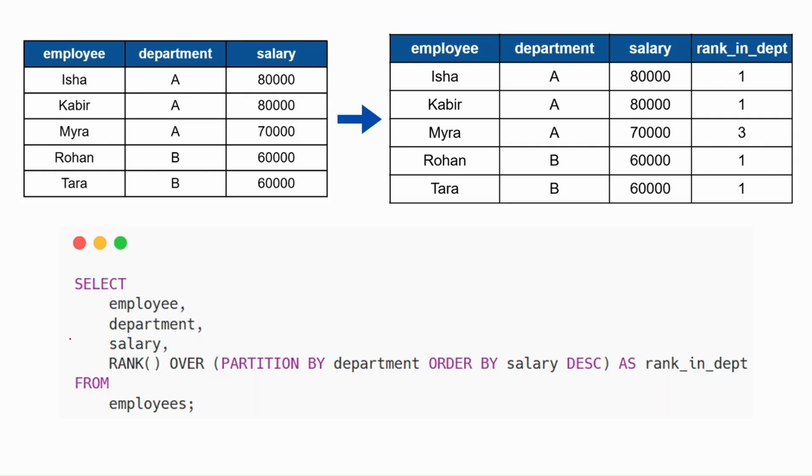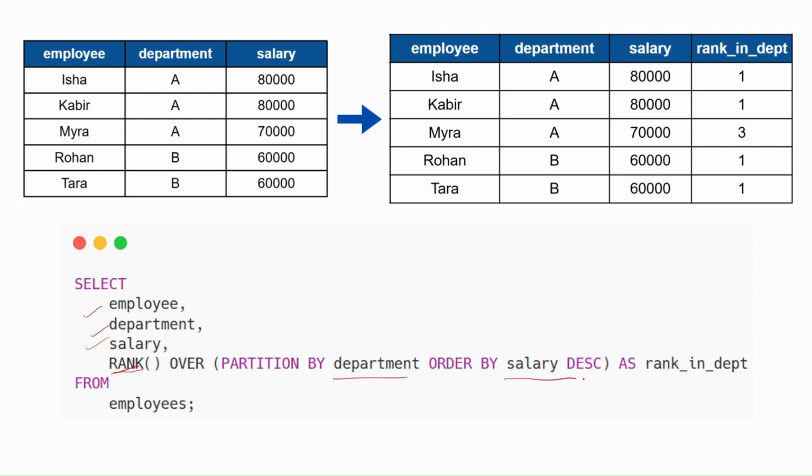Since we want to compute the ranking of employees based on their salary in each department, here we are simply retrieving 3 columns, that is the employee column, department column, and the salary column. And next we are making use of the rank window function over partition by department, since we want to compute for each department.